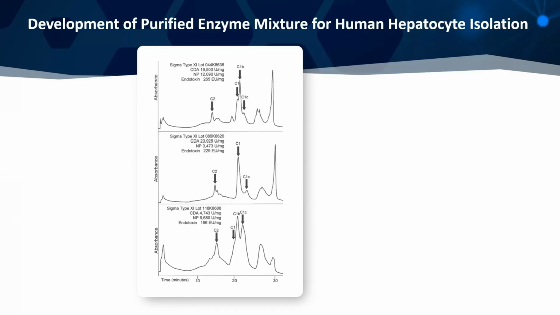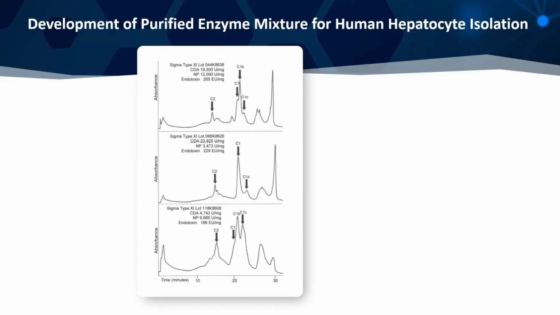The real bad actor here is clostripain. It's very hard to separate it from collagenase, even if you're purifying it. And most importantly, it has a very strong ability to degrade native collagen, a native or intact C1, a class 1 collagenase, which is why you see these other peaks.